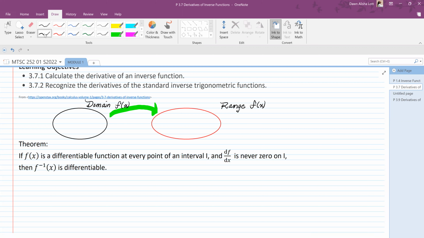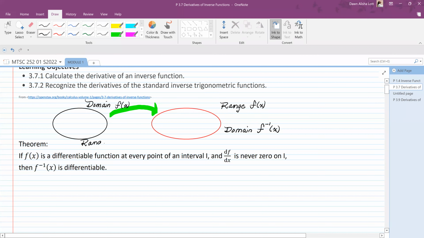And we looked at how to find the inverse of a function. And then we know that f inverse starts over here. So this is the domain of f inverse, and this is the range of f inverse.